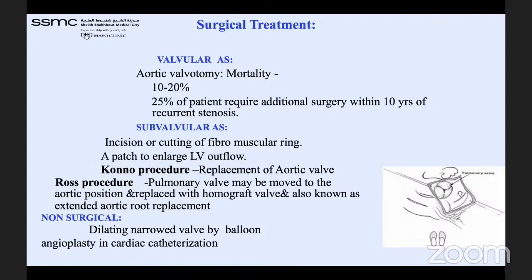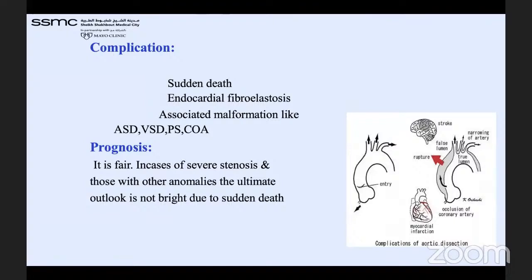But if it is a valvular stenosis, dilating the narrowed valve by balloon angioplasty, which I showed you initially in pulmonary stenosis, by cardiac catheterization is the treatment of choice in those patients. There are complications. It can be sudden death, endocardial fibroelastosis can happen, and associated malformations like ASD, VSD, PS, or COA, coarctation of aorta.